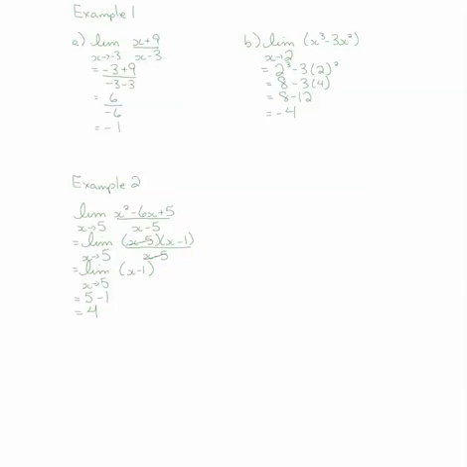Example 3 leads us to the next kind of limit strategy. It's just simplifying. As you can see, we've got a couple of brackets there that we can simplify out. We can expand, and that's exactly what we're going to do. So here is our limit.